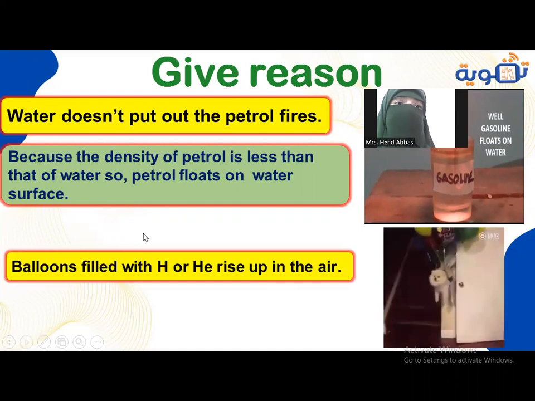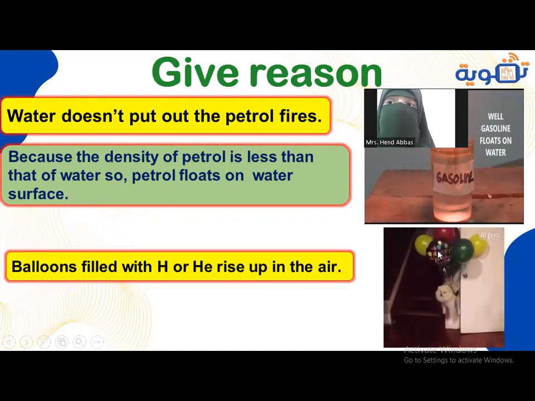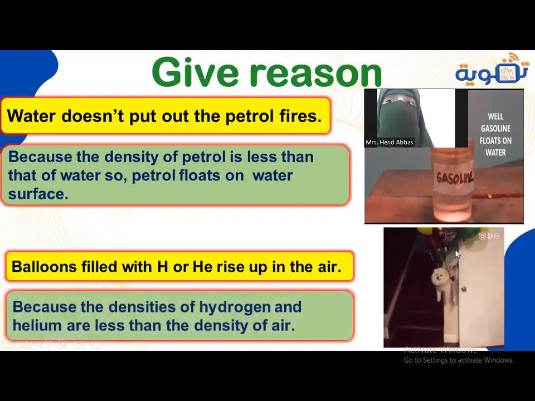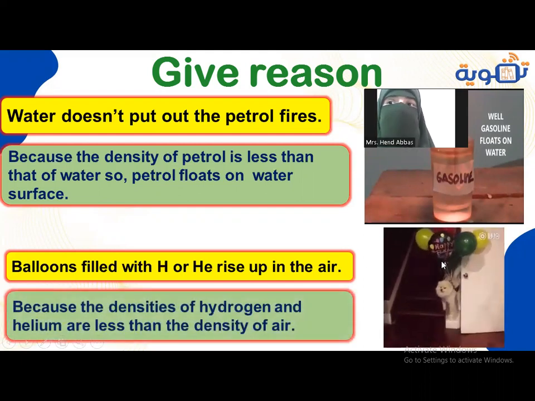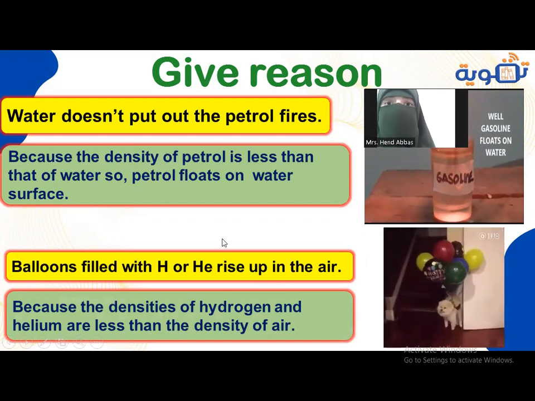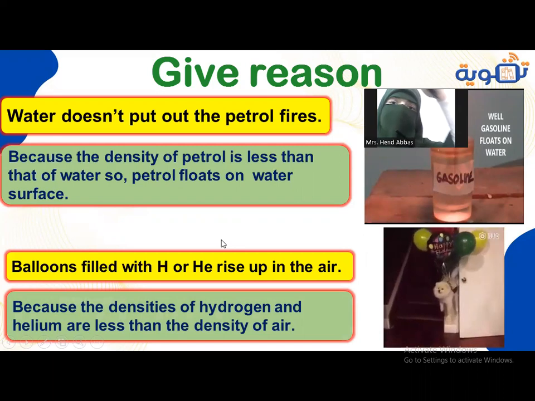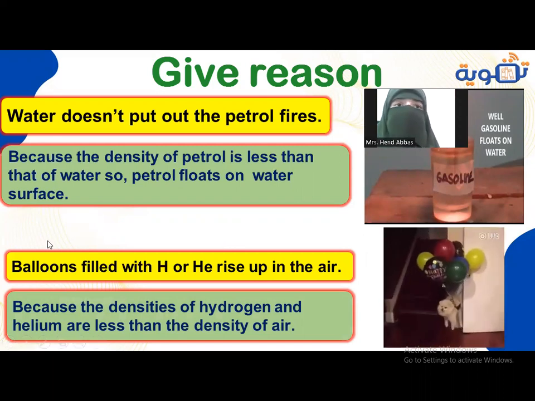Why are festival balloons filled with hydrogen or helium? Because hydrogen and helium have lower density than air, so they will move upward. Lower density, move upward, while higher density, it will sink.